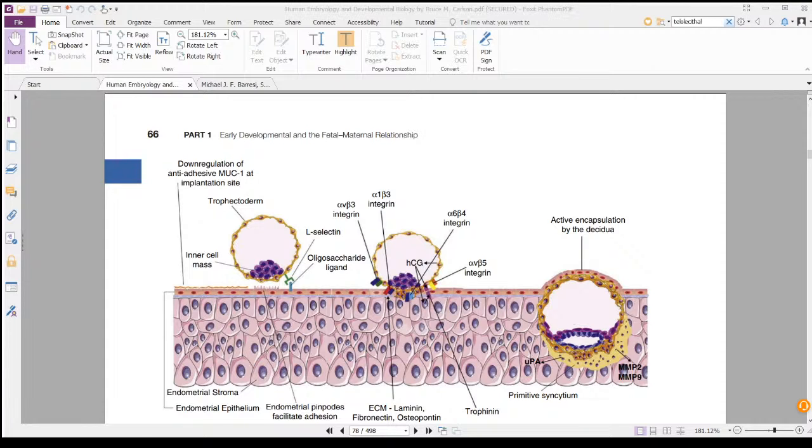It will be a really exciting image. So this is how the entire event occurs.